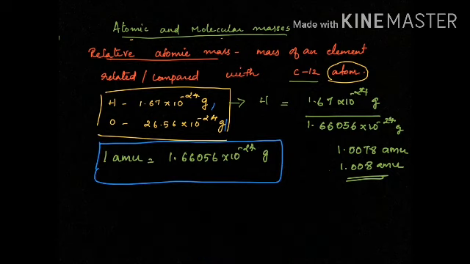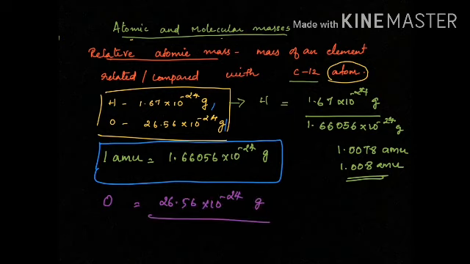Likewise, we can find out the mass of oxygen also in terms of AMU. What is the mass of oxygen in terms of gram? It is 26.56 into 10 raised to minus 24 gram, divided by 1.66056 into 10 raised to minus 24 gram, which is 1 AMU.